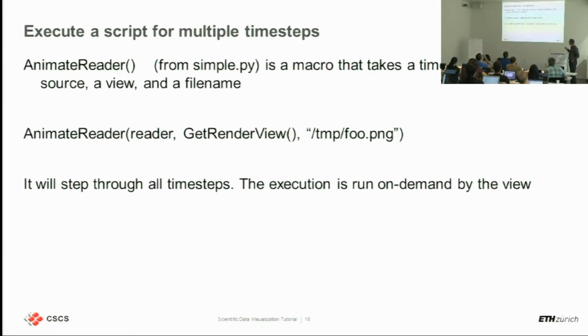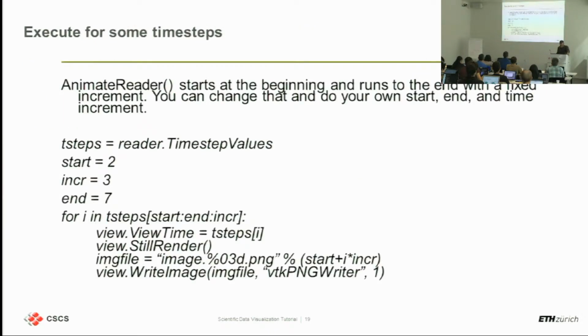You give it a time-aware data source, a view, and a file name. You call it like this: animateReader, the name of your reader, the view, and a pattern for the files. It will just go through the whole thing. So that's what we'll need. It will start at the beginning and run to the end.